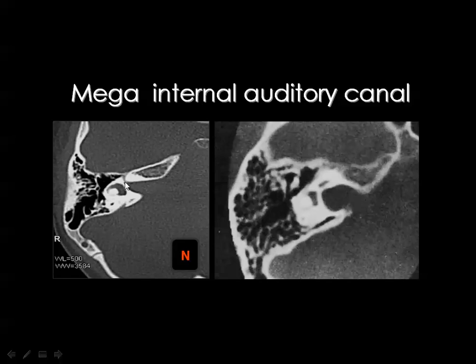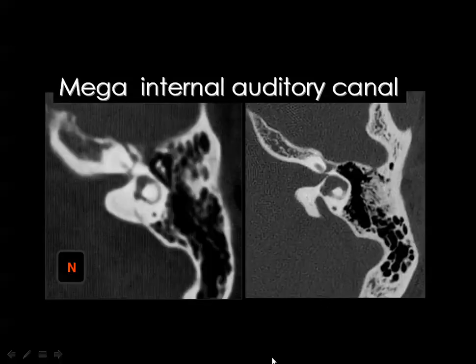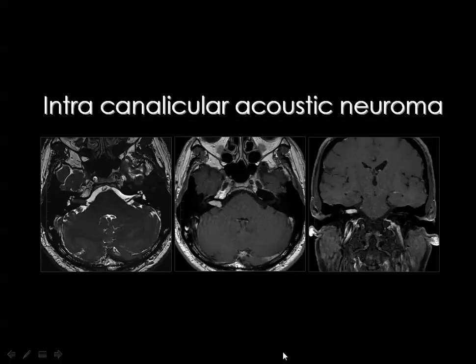This is the normal canal, and this is the mega internal auditory canal. Mega internal auditory canal means that the internal auditory canal is abnormally wide, but it contains CSF and the nerves are going through the canal undisturbed. This is the diagnosis of mega internal auditory canal.